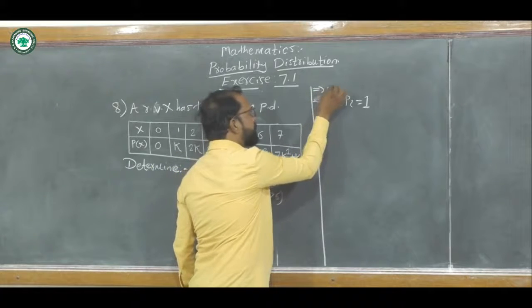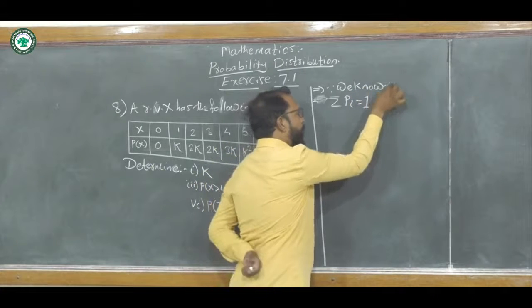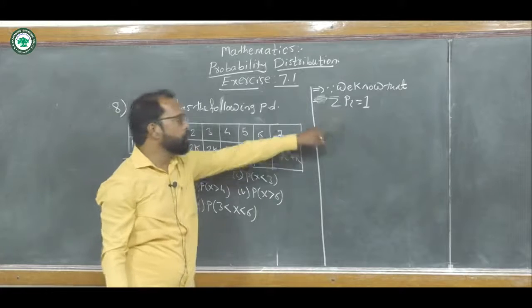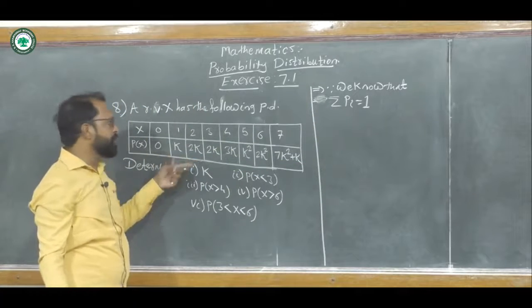Since we know that the summation of pi equals 1, take the addition of all these probabilities.